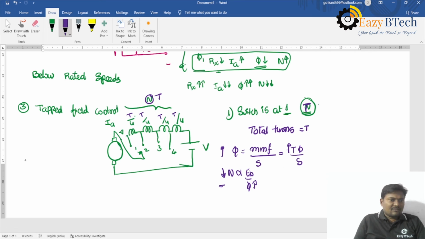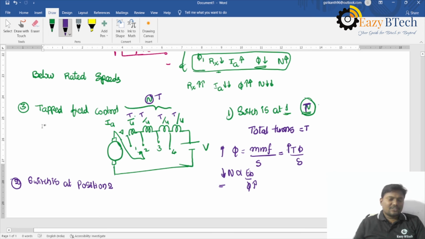In case 2, the switch is at position 2, so one section will be cut off.